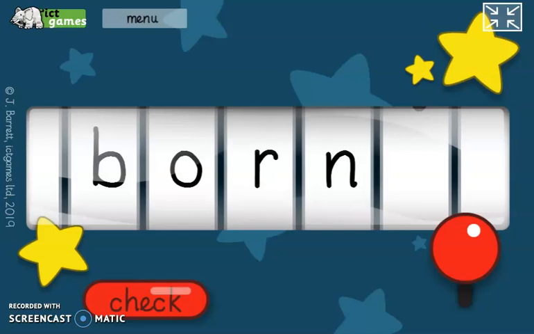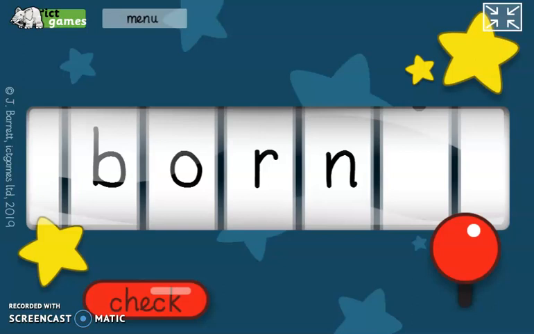Okay, let's look at another sound that we are practicing this week. So let's look at this word. How many letters are in the word? 4 letters, that's right. And how many sounds are in the word?